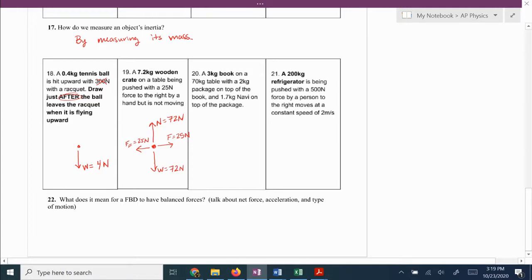Next one, a 3 kilogram book on a 70 kilogram table. The 70 kilograms doesn't matter, with a 2 kilogram package on top of it, and then Navi on top of the package. So it's a similar sort of situation. We have this table, it doesn't matter. Then you have a book, which is 3 kilograms, and then a package on top of that, and then you have Navi.